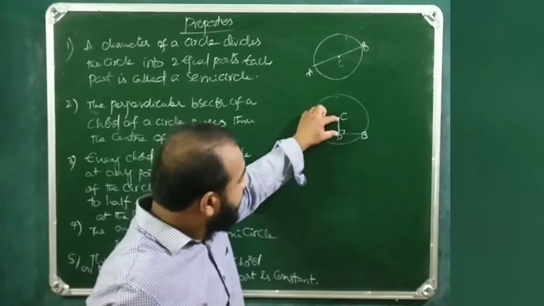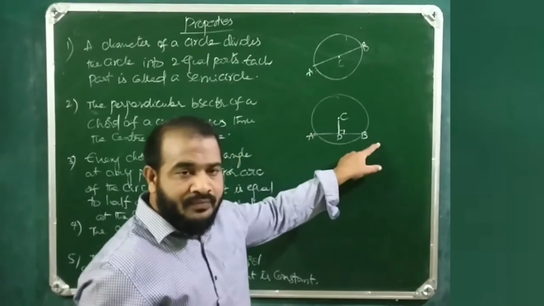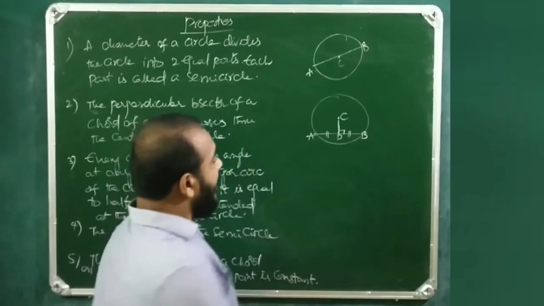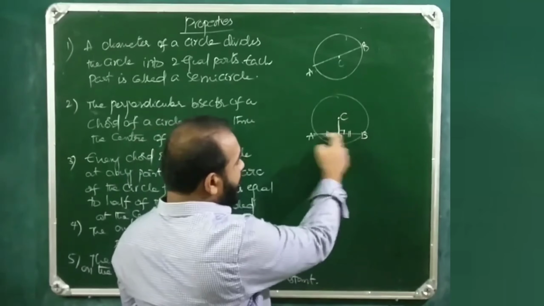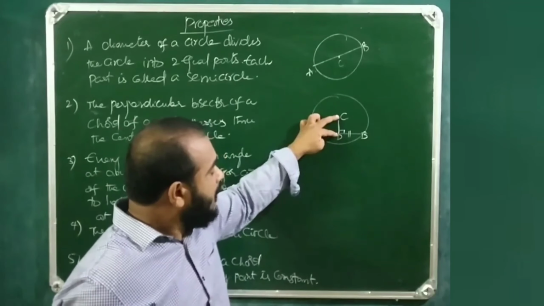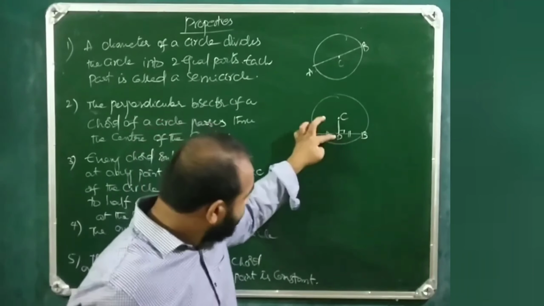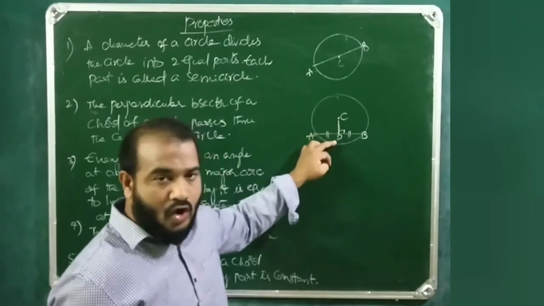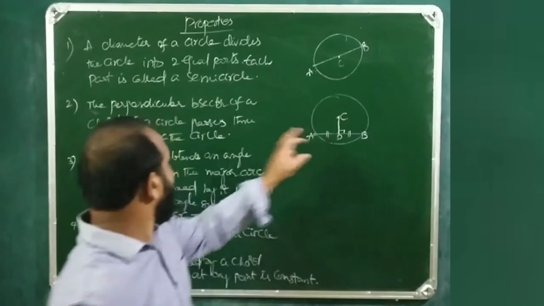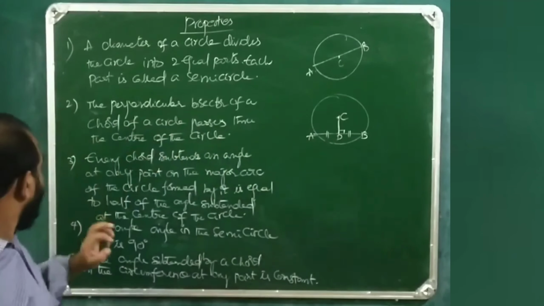Therefore, CD bisects AB into two equal parts and angle CDB or angle CDA equals 90 degrees. Therefore, CD is the perpendicular bisector, and the perpendicular bisector of a chord always passes through the center of the circle. That's what this property says.